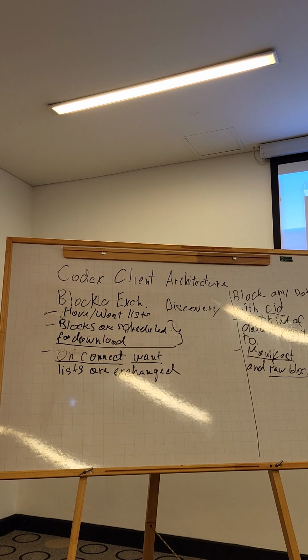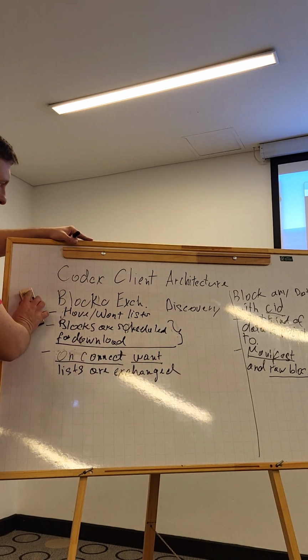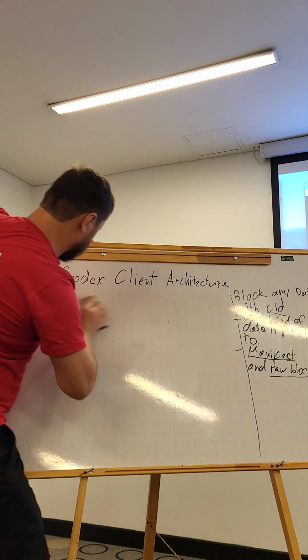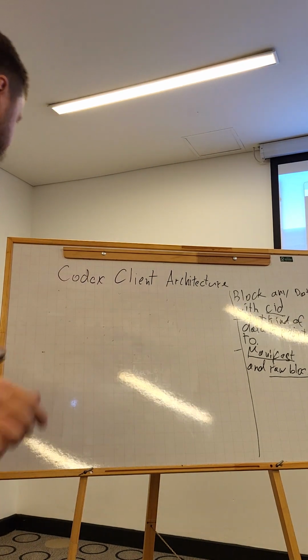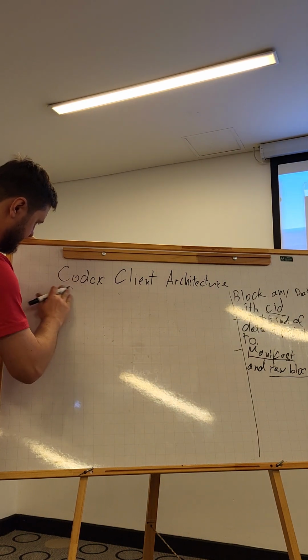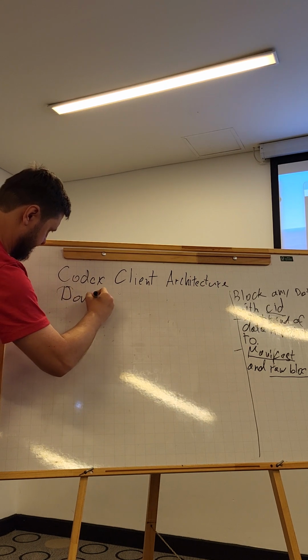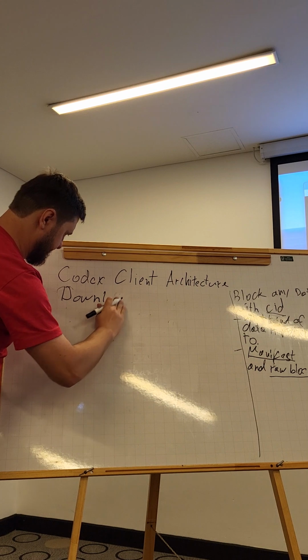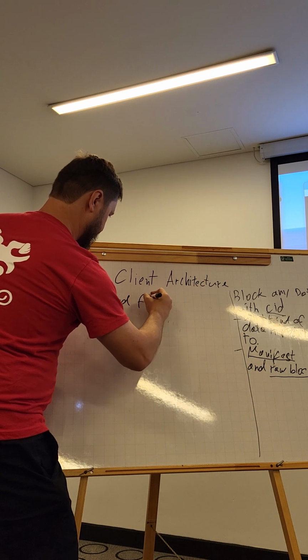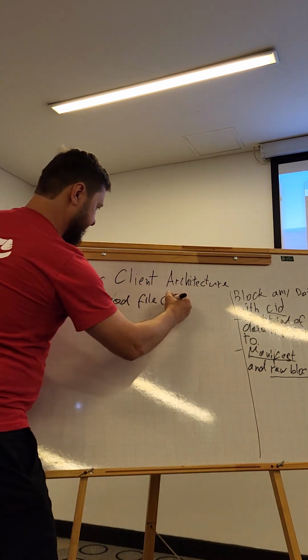If you look at the way that the file download works, essentially you have a CID for a manifest, right? Let me erase this again. So downloading a file is really, I say file, in reality it's just a CID.